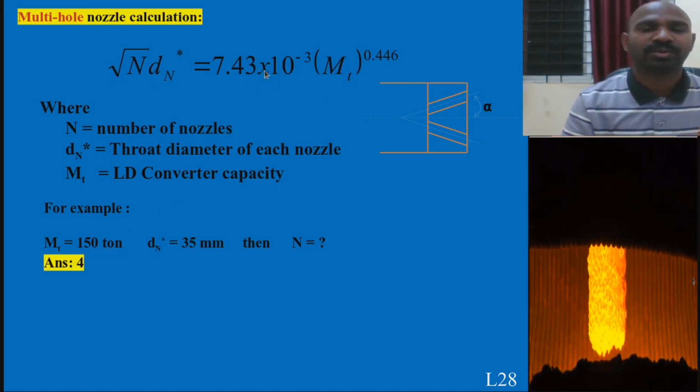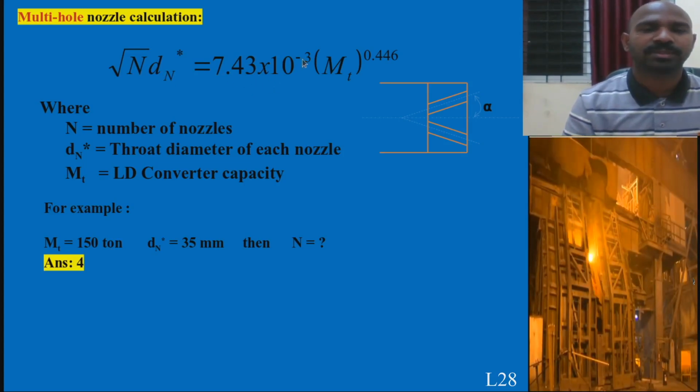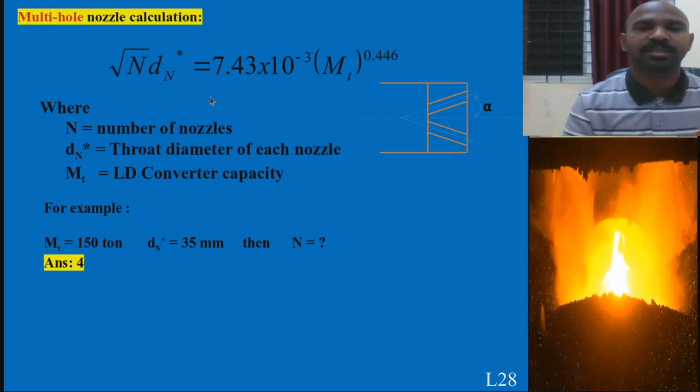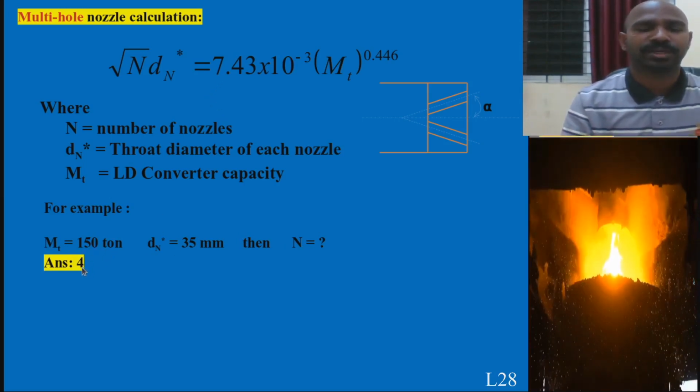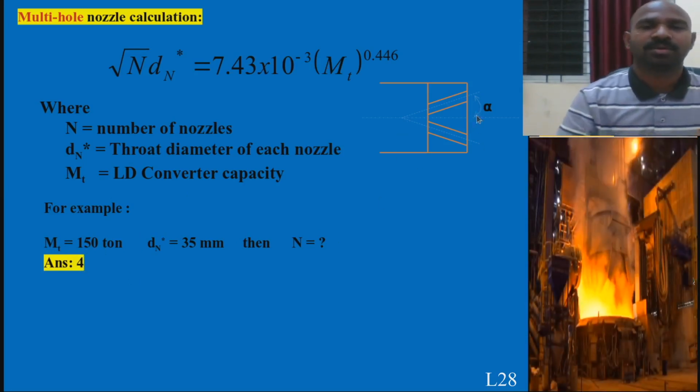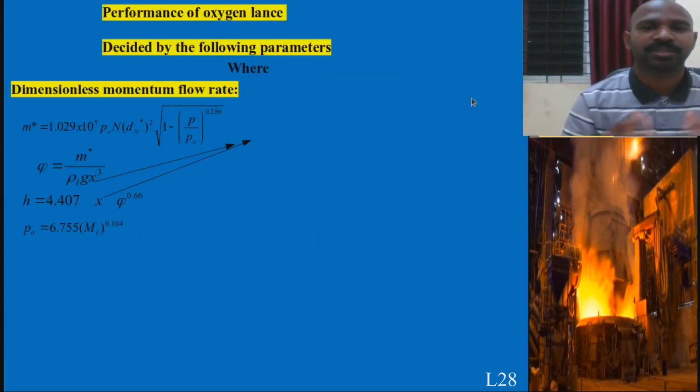This is multiplied by 7.43 into 10 to the power of minus 3. You can calculate. For example, in this situation, if you substitute all these values here, n will come to 4. So the number of nozzles is 4.